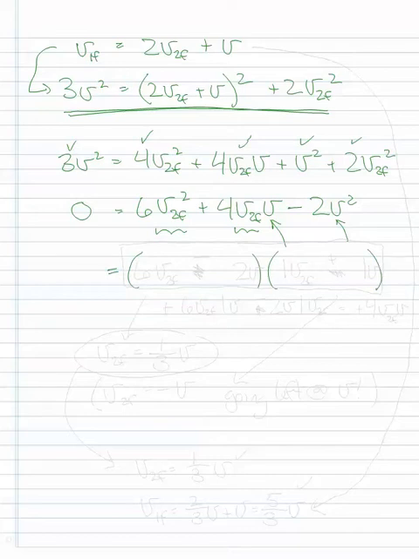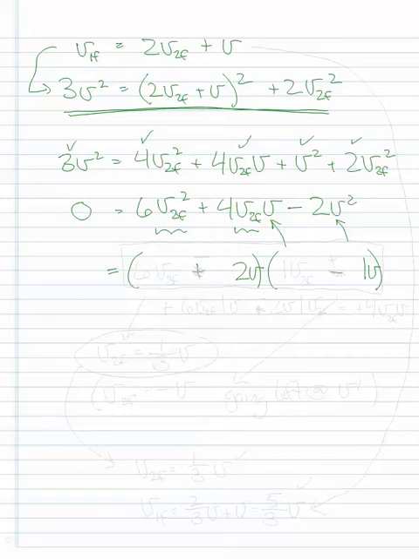I need two numbers that multiply to be 6, and two numbers that multiply to be 2, and they have to have opposite signs. So let's make this 2v and 1v. Let me try making this one negative and this one positive.